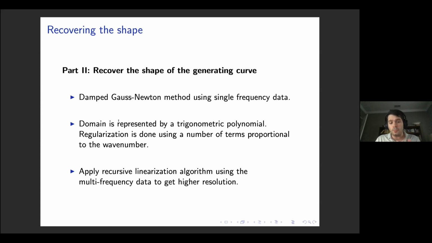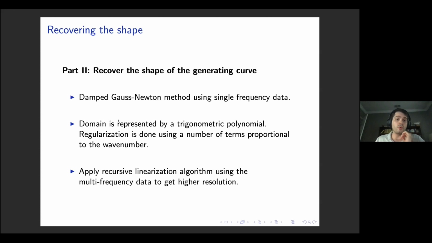So to obtain as much more detail as we can, what we're going to do is use multi-frequency data. And when we are using multi-frequency data, we're going to apply this algorithm here called the recursive linearization algorithm, which is pretty much an algorithm that does a continuation in frequency.